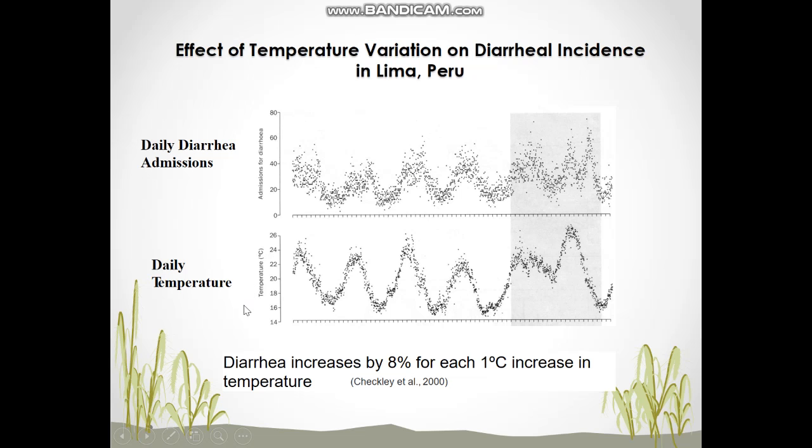But in lower temperatures like here and here, you can see we have a lower number of admissions to the hospitals because of diarrhea. Also, the results indicated that for every degree centigrade increase in temperature, hospital admission due to diarrhea, which is a waterborne disease, is increased by 88%.